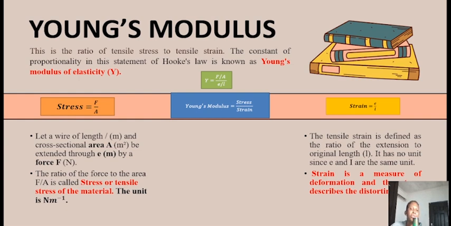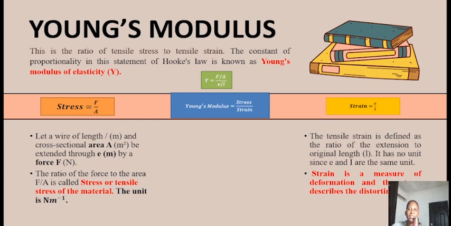So now we go to Young modulus. So what is Young modulus? Young modulus is the ratio of stress over strain. So that is the formula for Young modulus. We can get a general formula.